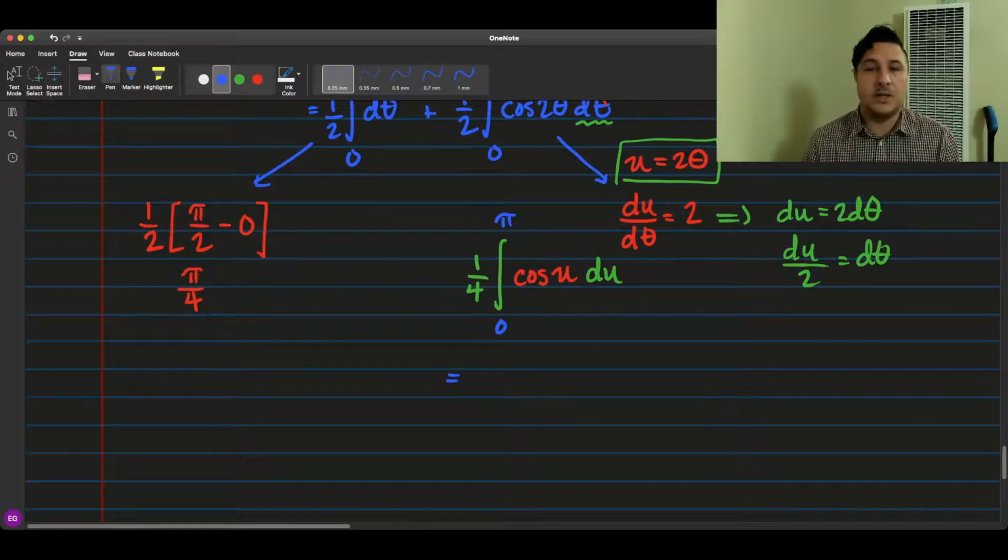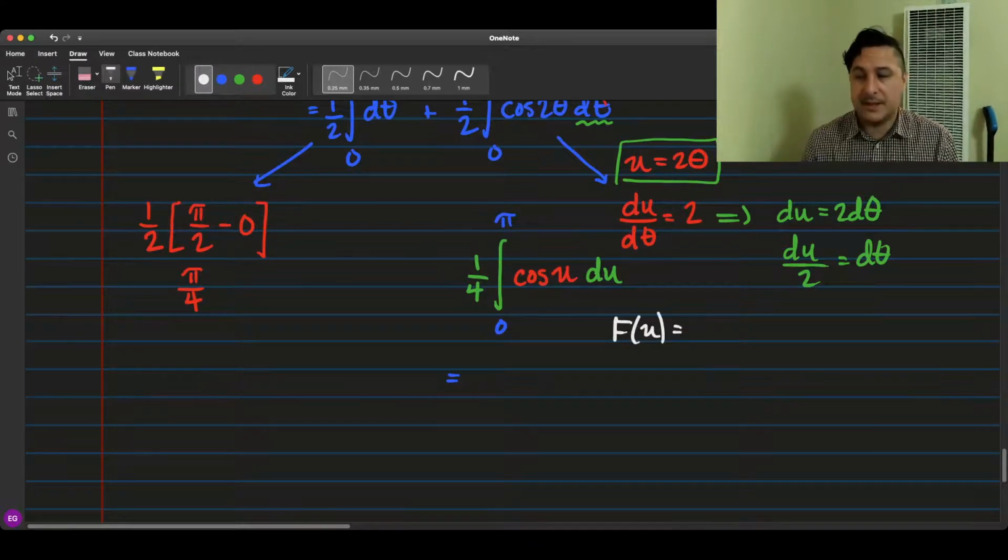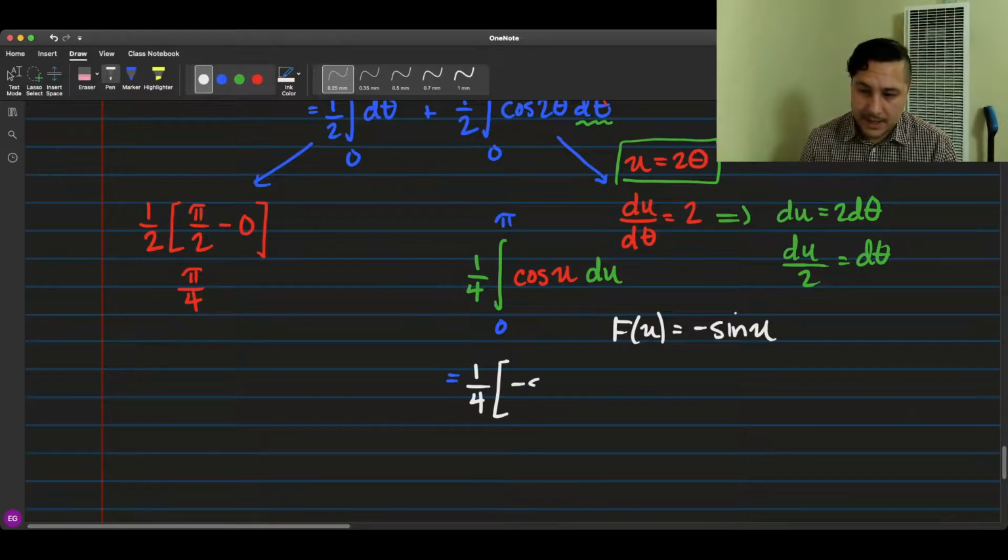So what's the antiderivative of cosine u? Well, the antiderivative of that is minus sine u. So we're going to have our 1/4, and we will get minus sine of pi minus sine of 0.